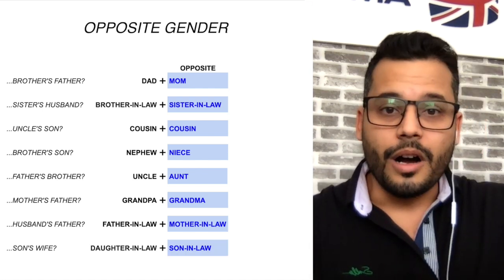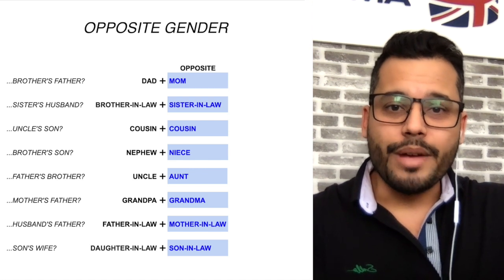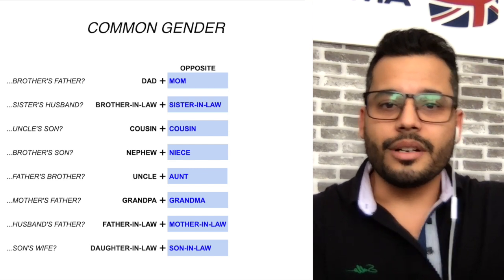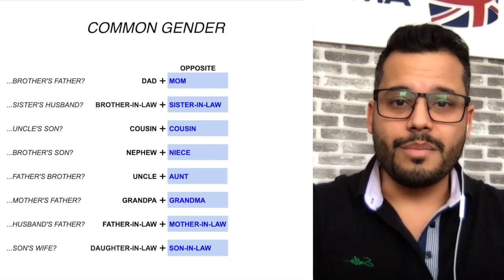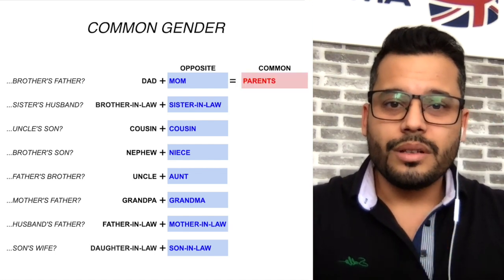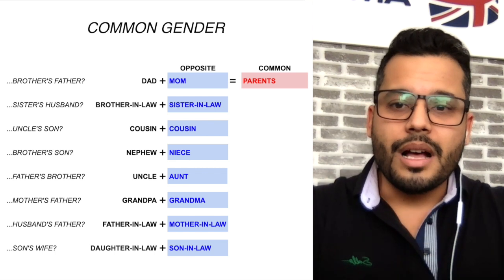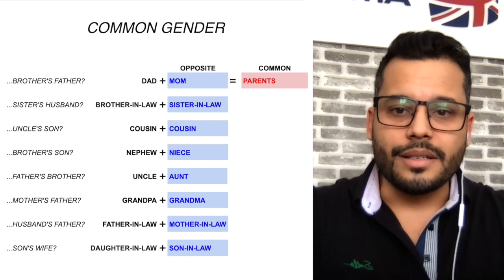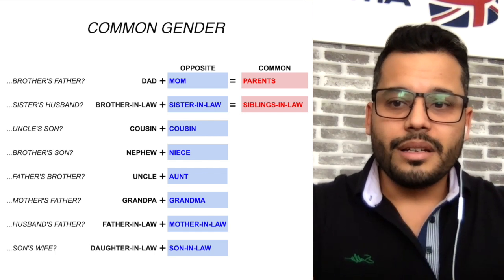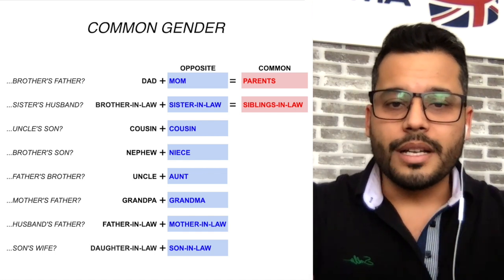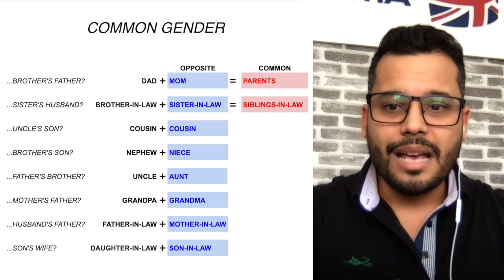We saw the opposite gender, and now we have the common gender between these relatives. Dad plus mom equals two parents. Brother-in-law plus sister-in-law equals siblings-in-law. Brother plus sister equals siblings.